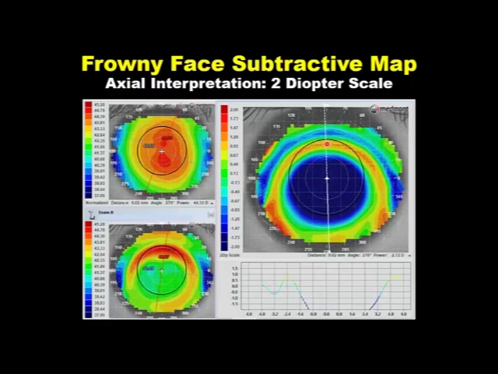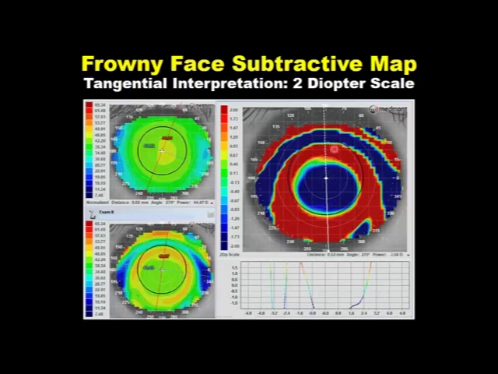Often frowny face patients don't complain about their quality of vision, but if they do, you know exactly what you need to fix here: we should loosen up the alignment zone, allow the lens to come up. Again, a frowny face is like a steep fit. Steep fitting lenses typically ride low, so we'll loosen it up just a hair.